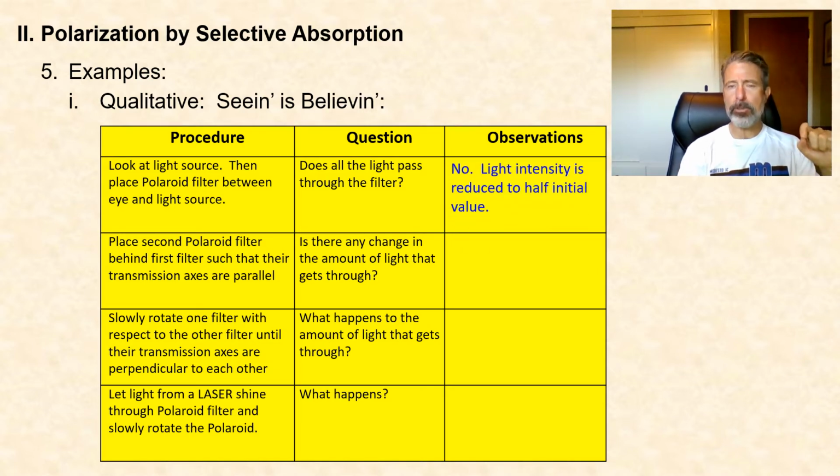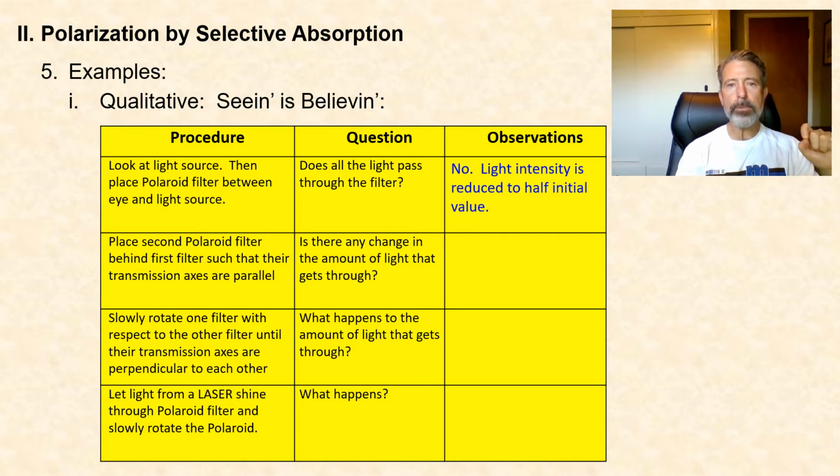Considering the fact that the Polaroid filter will selectively absorb or filter out all components of electromagnetic waves in one dimension, then it should make sense that for unpolarized light, having all electric field vectors randomly arranged in a plane, on average, the x components of all those electric field vectors should be numerically equal to the y components. Thus, filtering out either the x or y component should reduce the light intensity by a factor of 2.